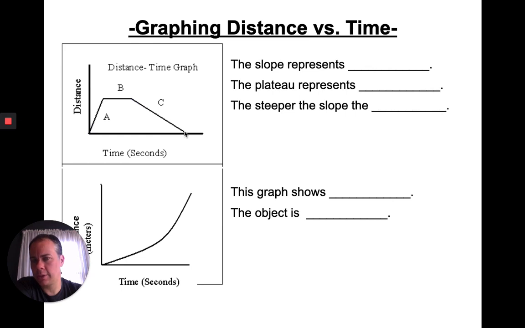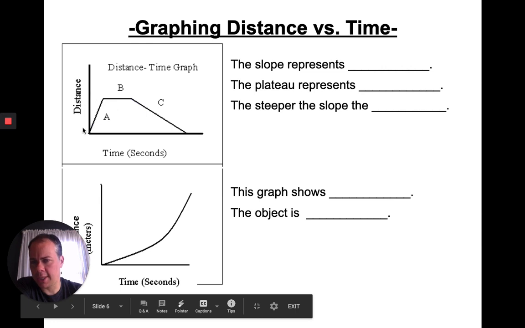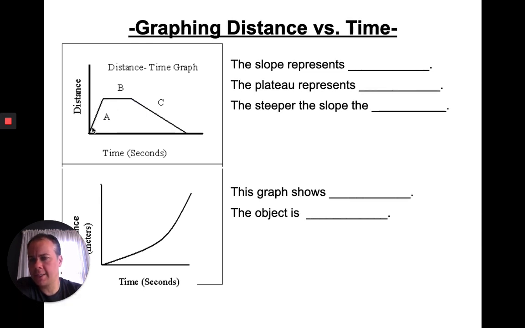It's returning. So when we look at these graphs of distance versus time, the slope of a line, if the line has a consistent slope like this, if it's a straight line, that represents the object moving at a constant speed. This plateau represents no movement at all.